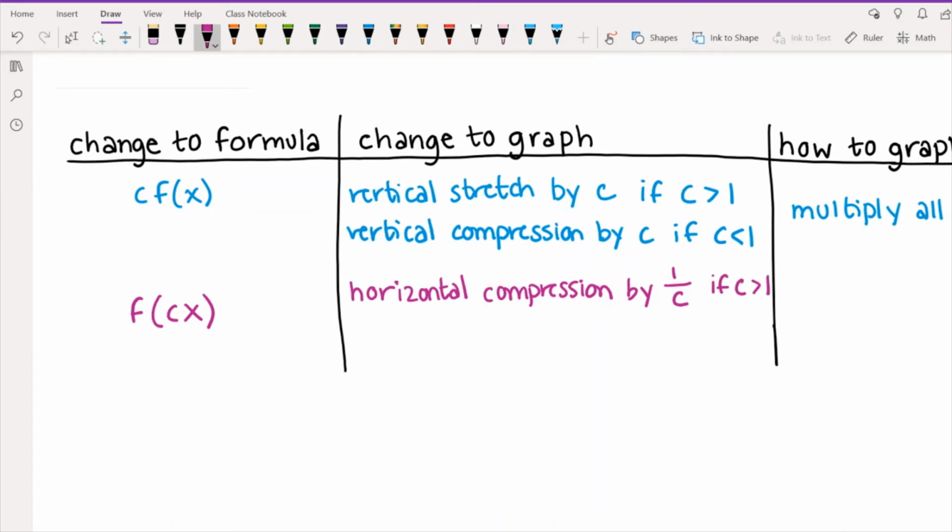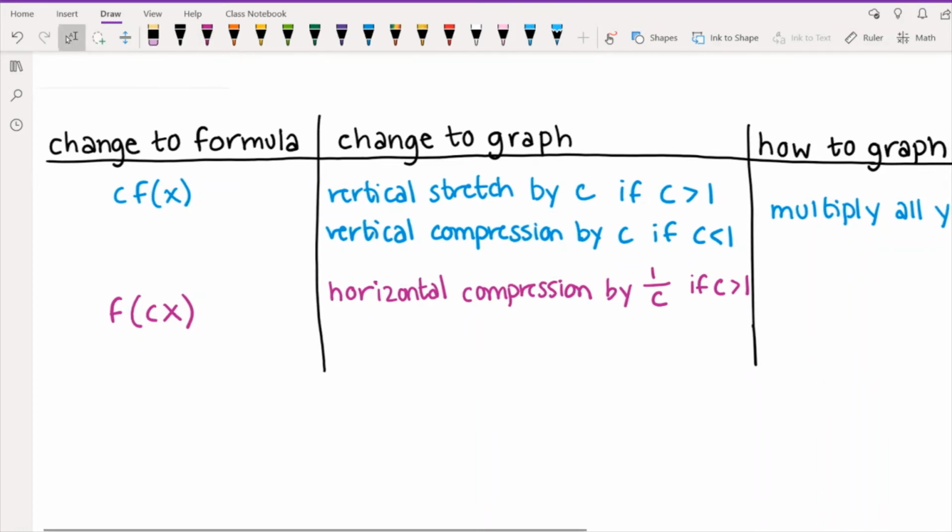So basically what's going on here is that, again, vertical stretches and compressions work exactly like you would expect. Whatever that number c is tells you exactly what's happening to your y coordinates, which will tell you exactly how much the graph is going to stretch or compress by.